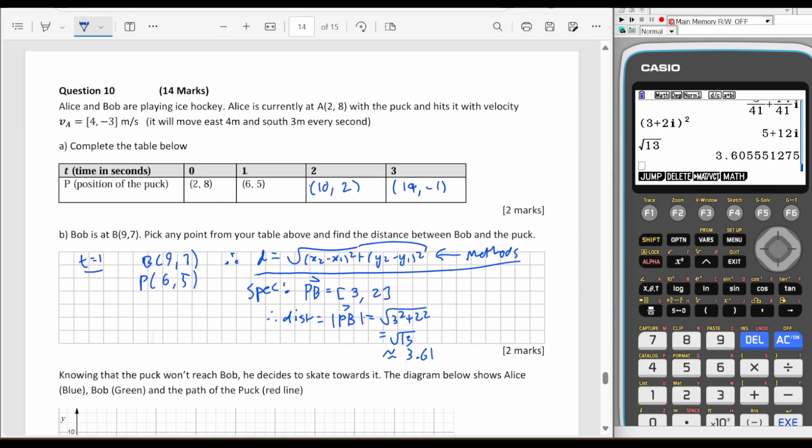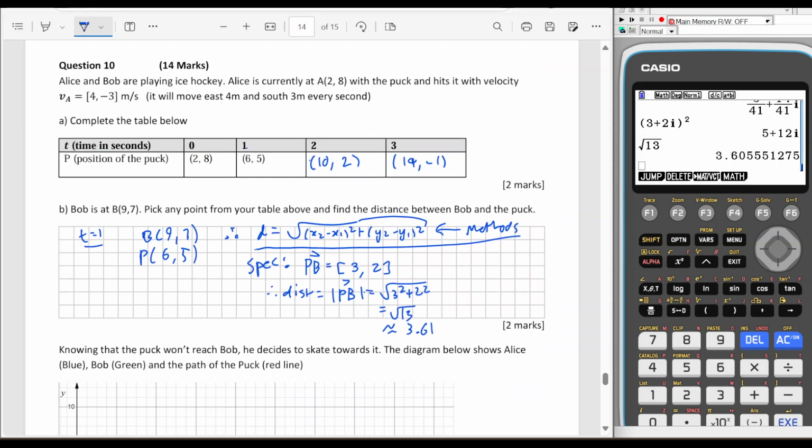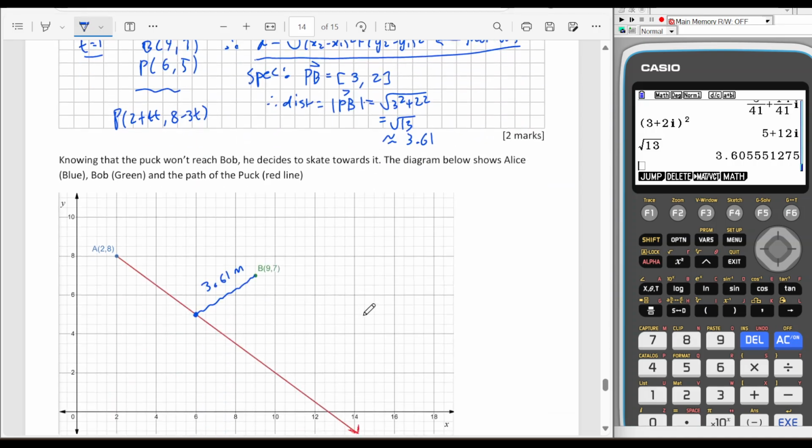And you might want to think about doing this process, but instead of picking an actual point for P, you can pick the general point, which would look like 2 plus 4t as the x coordinate, whatever t is, and the y coordinate would be 8 take 3t. So you could use that point for P and then find the distance. It's a very fun exercise.